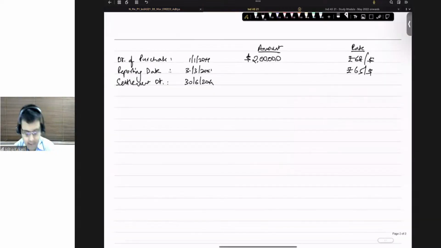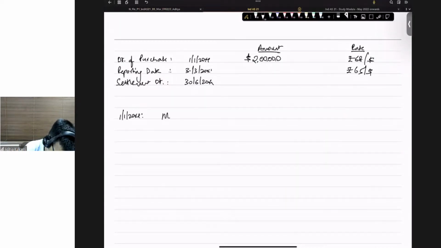So now the question is, how do we do the accounting? So ideally, the entry that you should be passing is 1st of Jan. Machinery has come. So machinery account debit to creditors.